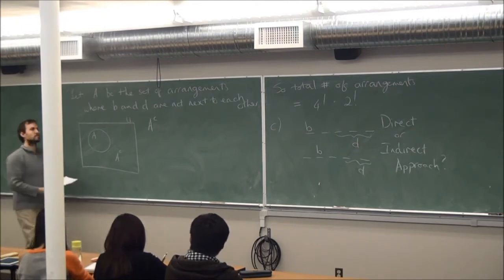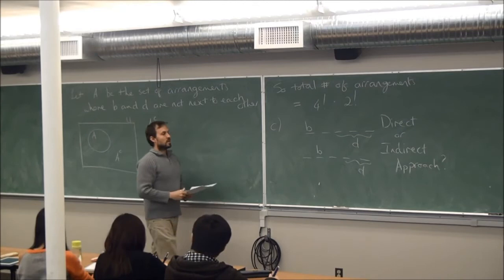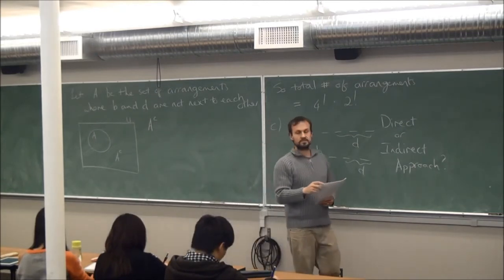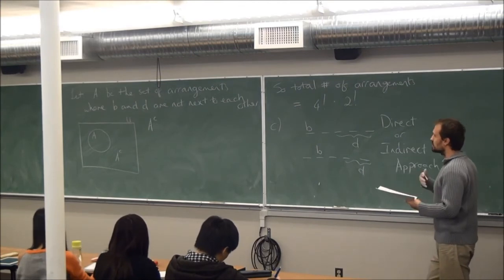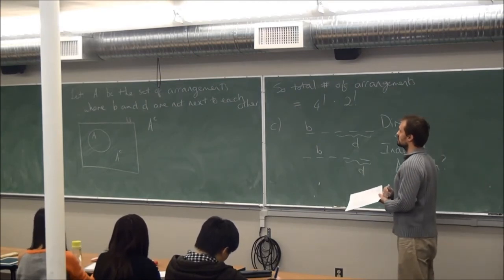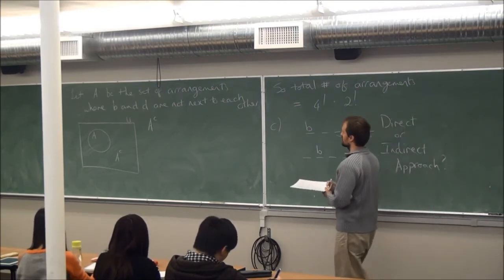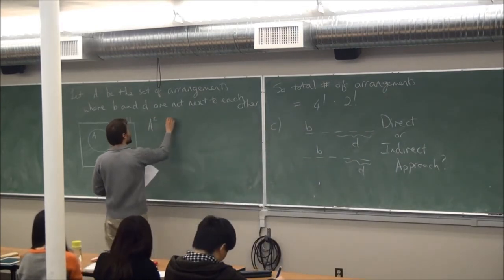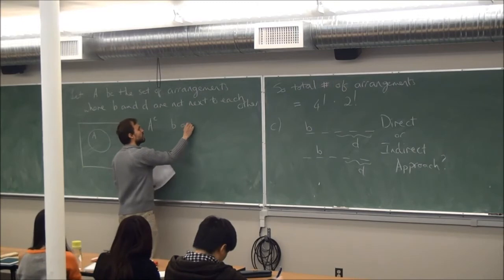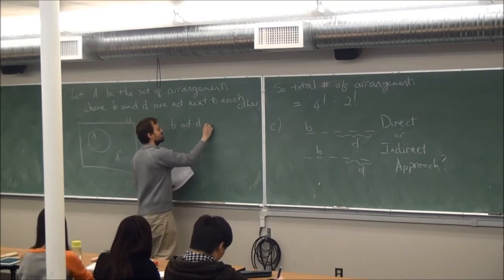If I have to say the word, it's good to not get caught up in the math. That's the whole point of phase one, but to be able to think about these things in simple English. The set of arrangements where B and D are next to each other. So here my restriction is B and D next to each other.